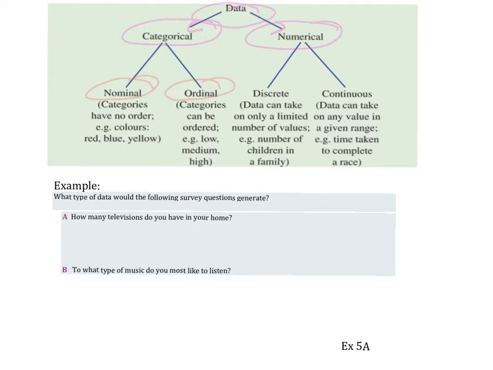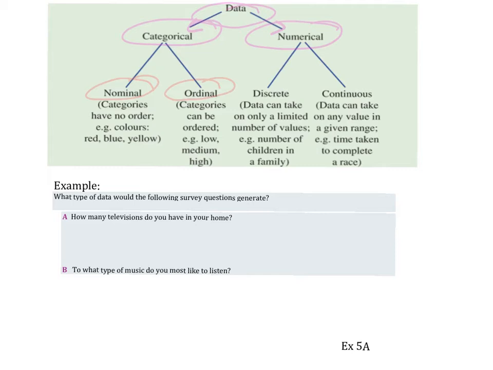Ordinal, on the other hand, is when there is some sort of order to our data. So fair, good, very good, excellent. That is ordinal. You can see that there is an order to it. The example there is low, medium, high. Again, they are words, but they are words in a particular order. So that is ordinal data.